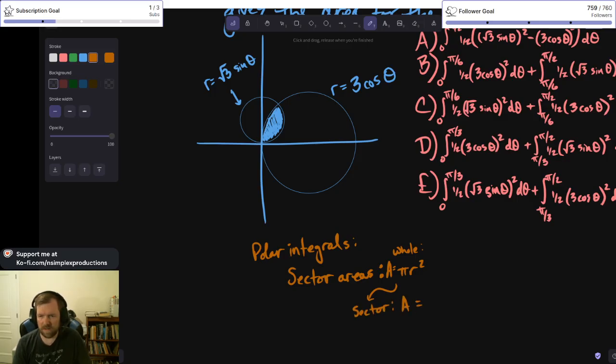Rather than pi r squared, the whole circle is based on 2 pi, so this is going to be like a 2 over 2. So 1/2 times our angle times r squared. It took me longer to copy all the potential answers than it probably will to solve it.